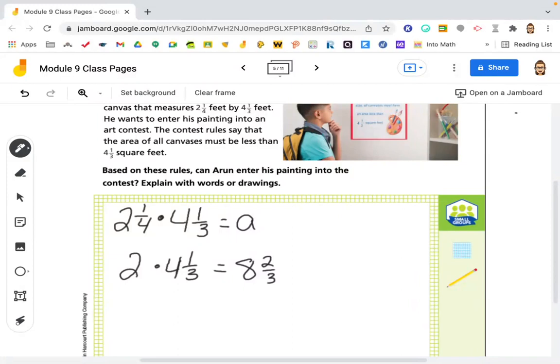So that's already larger than 4 1/3, and we'd have to multiply by the 1/4 as well.